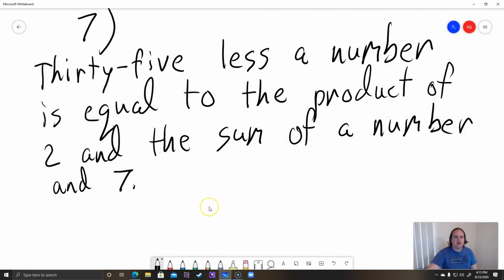Okay, so 35 less a number is equal to the product of 2 and the sum of a number and 7. Find the number.